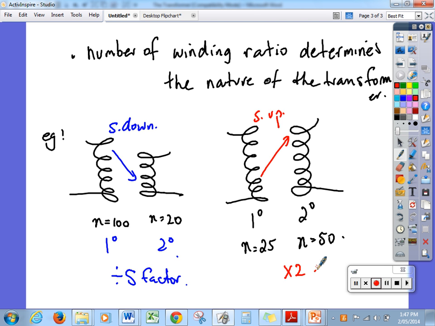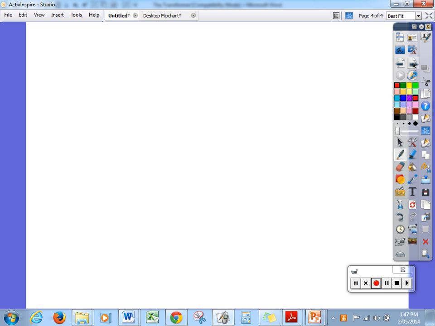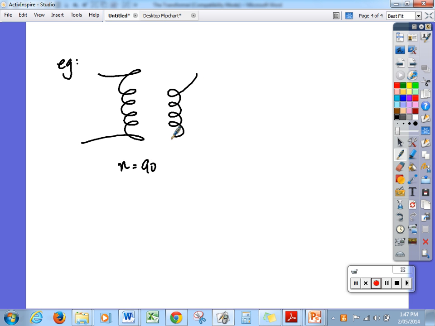So let's work out simply what is going to happen here. Example 3, we're actually going to do some calculation. We've got a transformer.